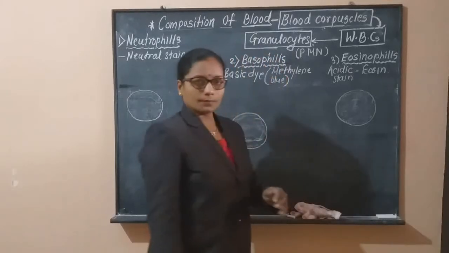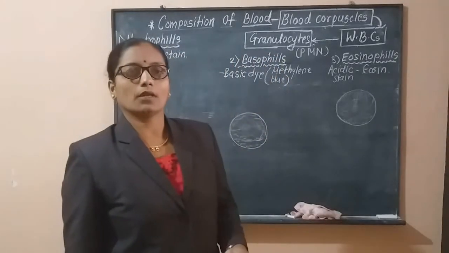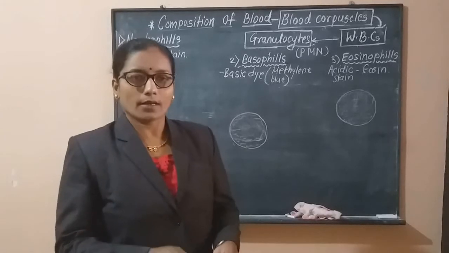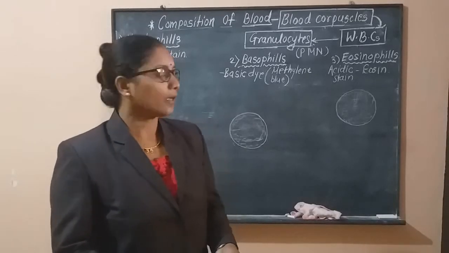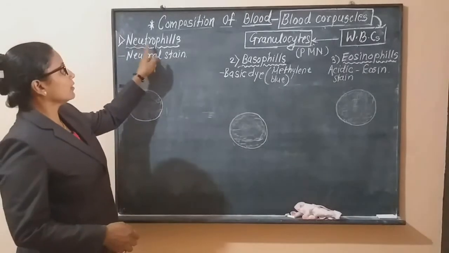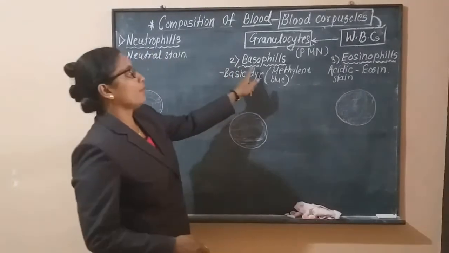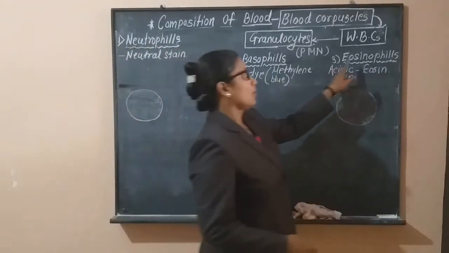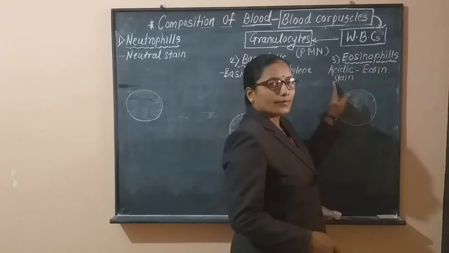It is very easy to remember the names of these granulocytes because they are based on the staining properties of the dyes. If a neutral stain stains the cell, it is a neutrophil. In case of basophil, it is the basic stain, that is methylene blue, and eosinophils are stained with the acidic stain.